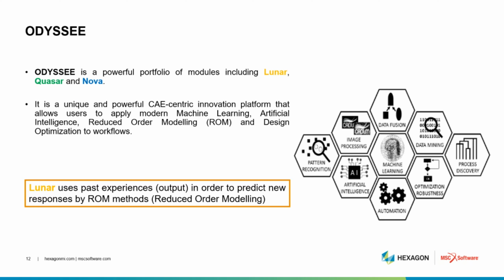In this presentation, I'm going to talk about Lunar. Lunar is especially for simulation and uses past simulation results to predict new responses with reduced order modeling. This helps a lot if you are already working on some cases and have maybe 1,000 simulations. We can use the data you already have to predict new results if you want to change some parameters.